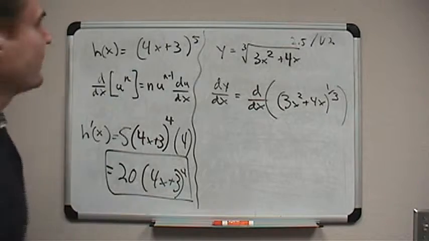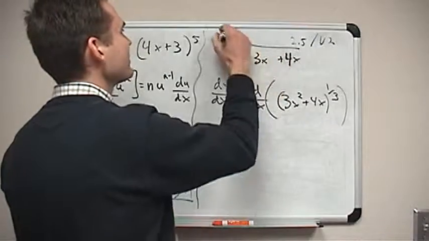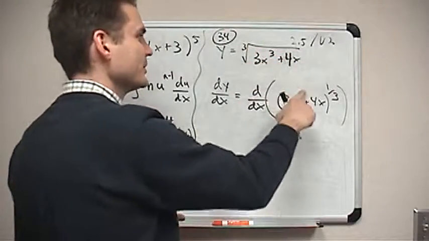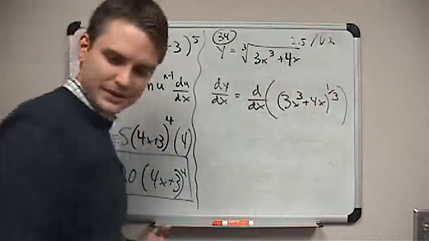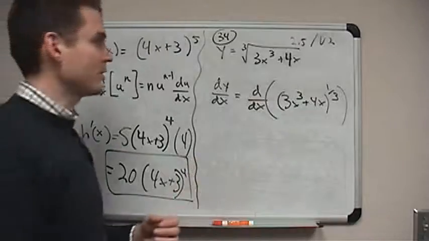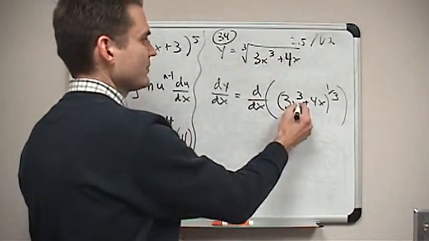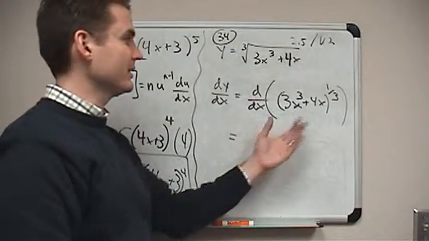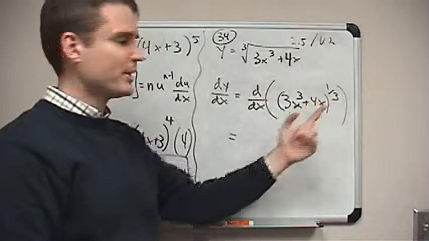Actually, now that I look at it, I have the problem wrong. This was number 34 in the book, so I better make this change. So the cube root of 3x cubed plus 4x. Yeah, I thought something looked a little fishy there. Well, it'll be about the same problem anyway. But now, again, we're set up to use the generalized power rule. We're taking the derivative of a simpler function raised to a power.